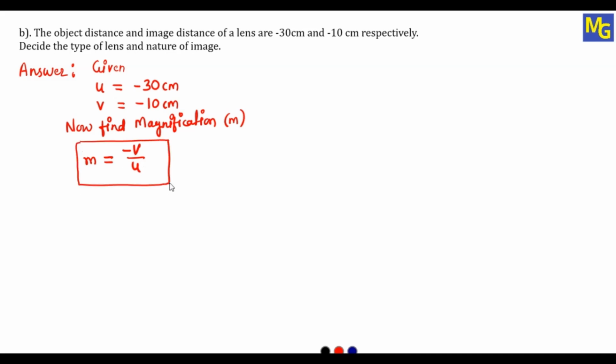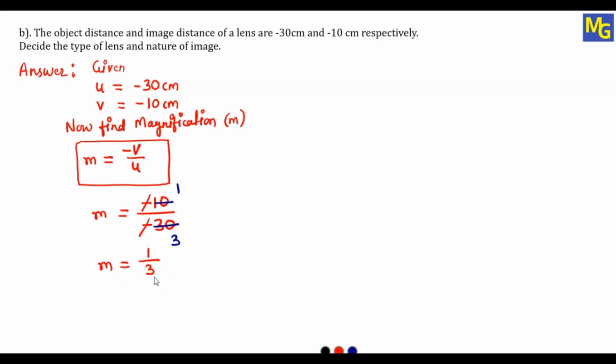Now substitute the values. So m is equal to, what is v? Minus 10. What is u? 30. That is this. Now see, minus minus sign will get cancelled, and then 10 ones are 10, 10 threes are 30. So m is equal to 1 by 3.